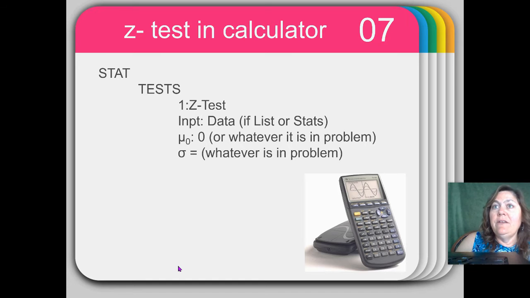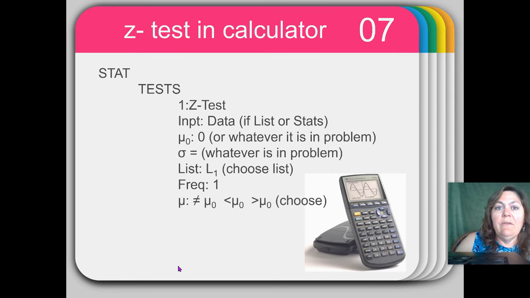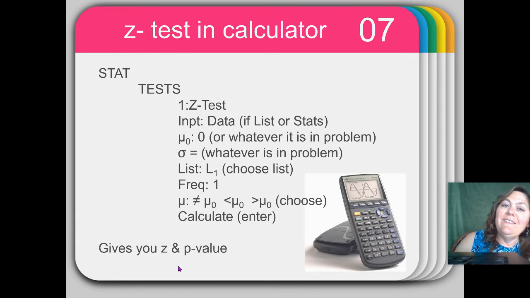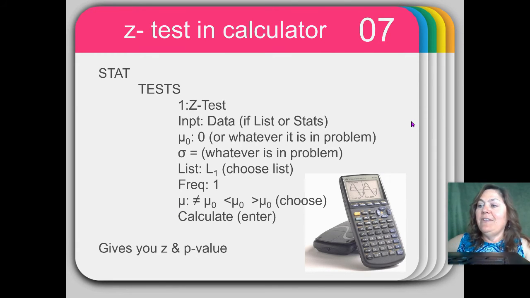So it tells the calculator to use sigma and then whatever list your data is in if you're doing data. Again, two-tail, one-tail, whatever it is, put it in and calculate, and now you will get the z statistic and your p-value. Again, if it's two-tailed, it takes care of timesing it by 2 for you. So voila, you now have at your hand the calculator commands for all of this that we've done.